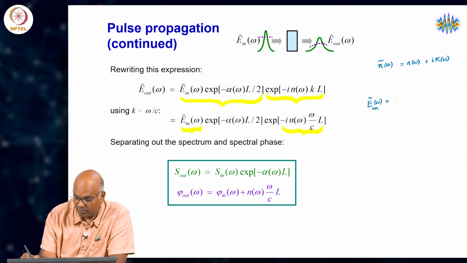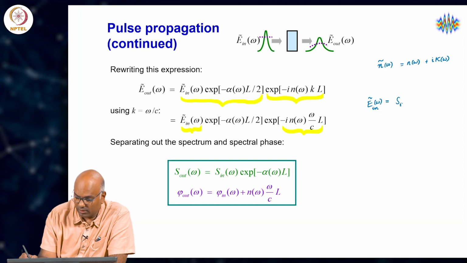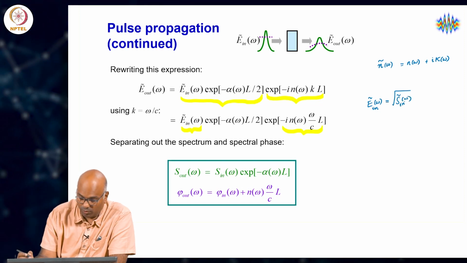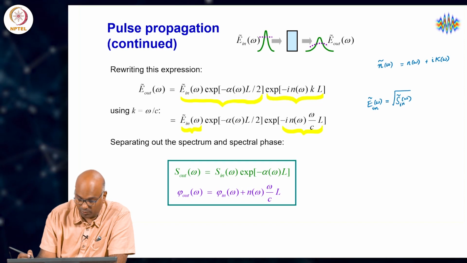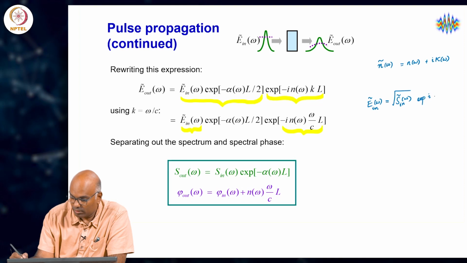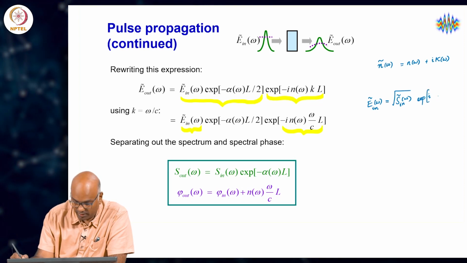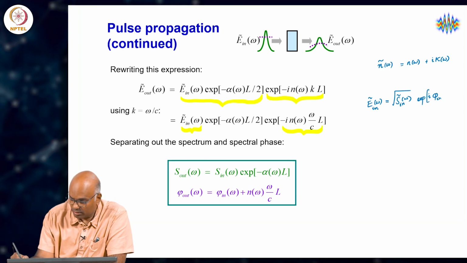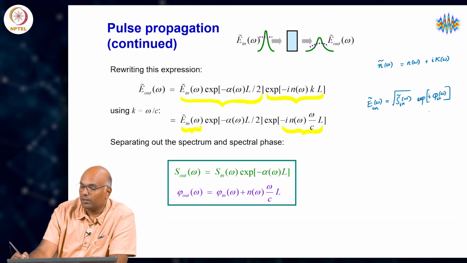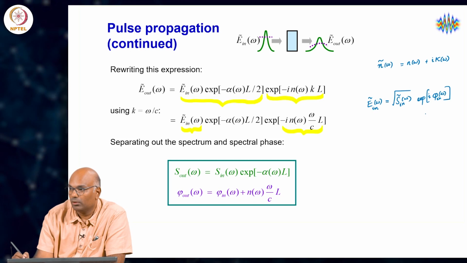E in tilde is the square root of S in of omega times exponent of i phi in of omega, all right.